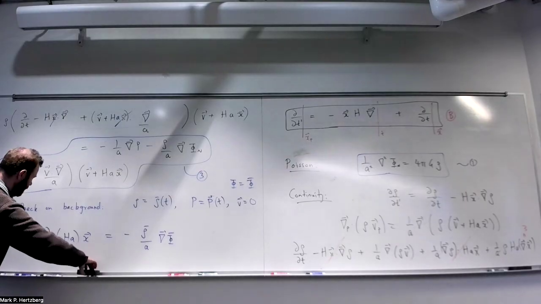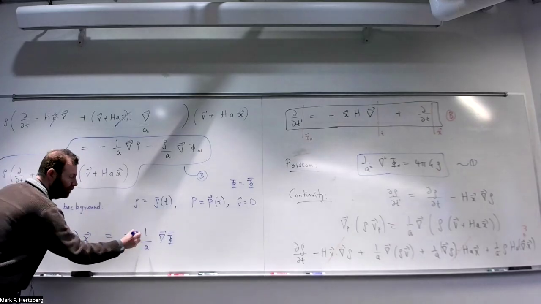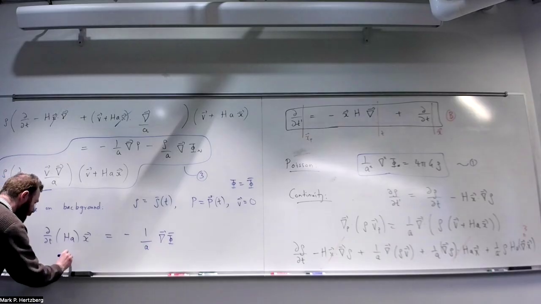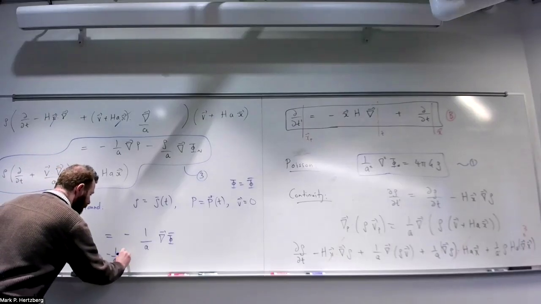Rho bars we can cancel from both sides. Ha is a dot, right? So this says a double dot x is minus 1 over a grad phi.